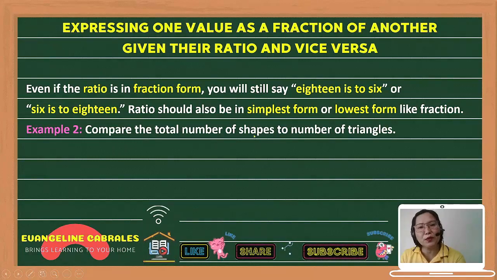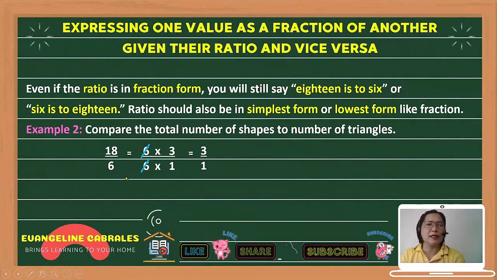So, total number of shapes ang mauuna, then number of triangles. So, this is 18, the total number of shapes, and this is 6, the number of triangles. So, kung mapapansin nyo, ang greatest common factor ng 18 and 6 is 6 because when you multiply 6 by 3, the answer is 18, and when you multiply 6 by 1, the answer is 6.